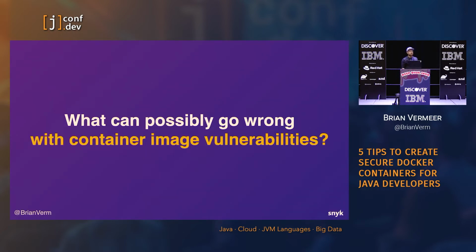But what can possibly go wrong with container images, you would say, right? This is all theoretical. Well, is it? Some time ago, we were using an old, outdated, in this case a Node.js image, and it had a vulnerability in it. Well, it had a vulnerable binary in it. And some people are using these binaries.